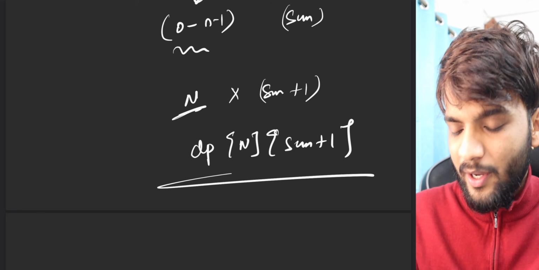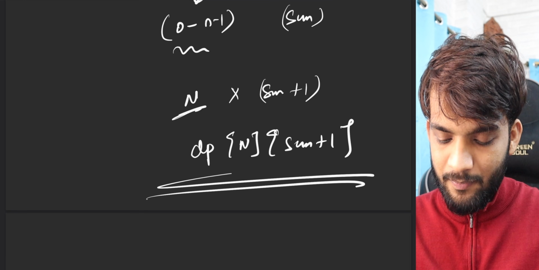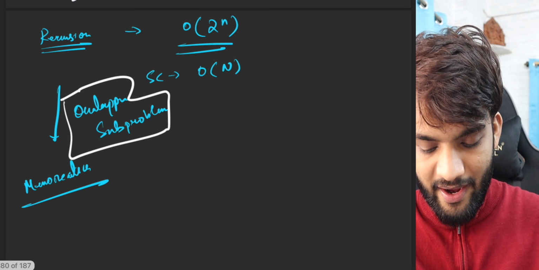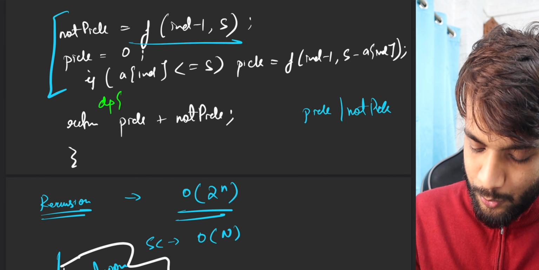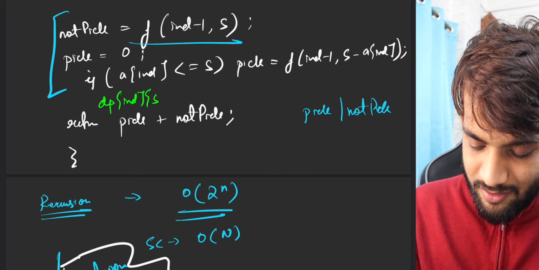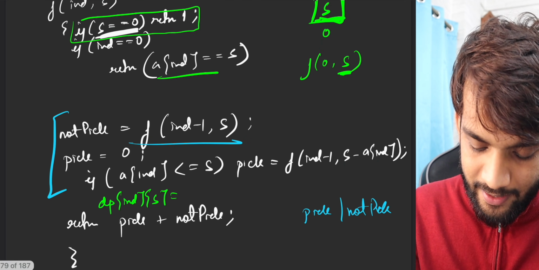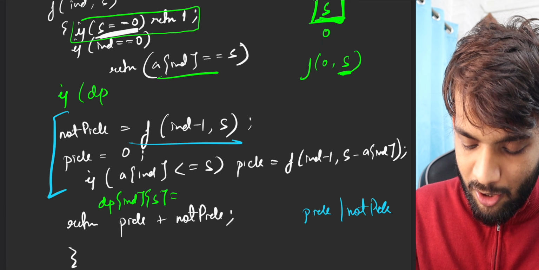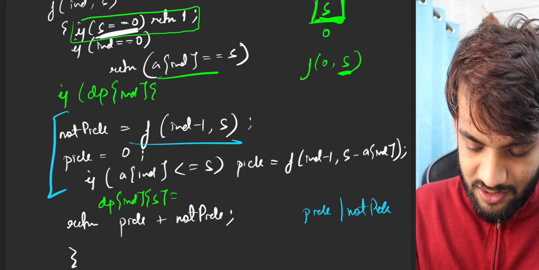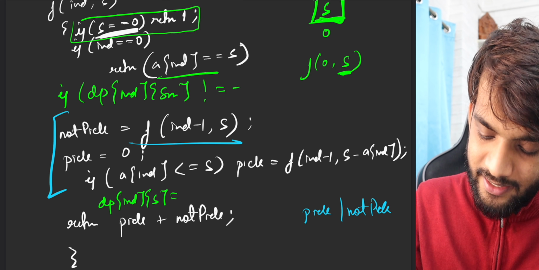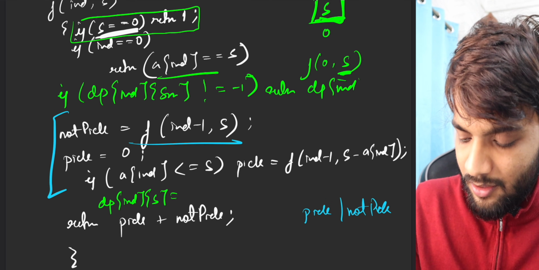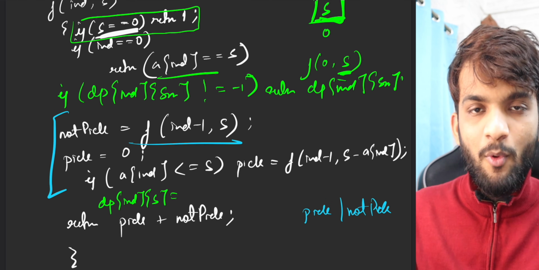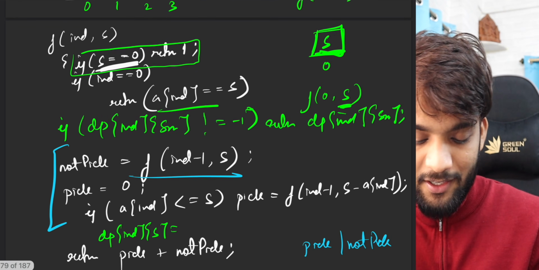And you know how to memoize this. It's a very simple step. Now it's like bread and butter to you. One more line: if dp of index, sum not equal to minus 1, return. If that state has been visited, return. How easy it is to write a memoization solution.